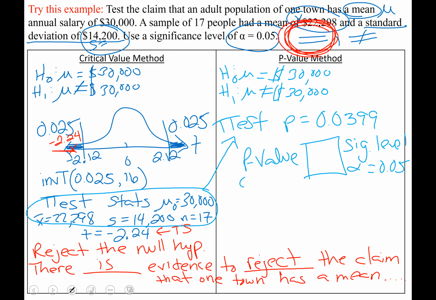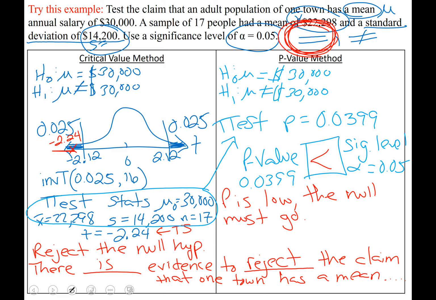Our p-value is 0.0399, which is lower than 0.05. So then we use that little rhyme: P is low, the null must go. All right, if the null must go, that means we reject it. Reject the null hypothesis.